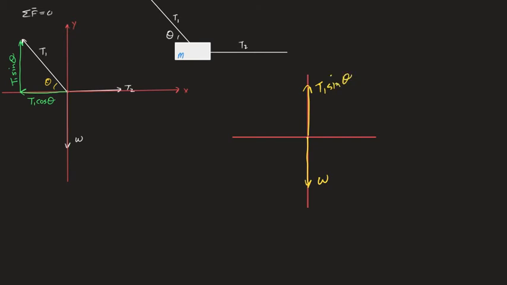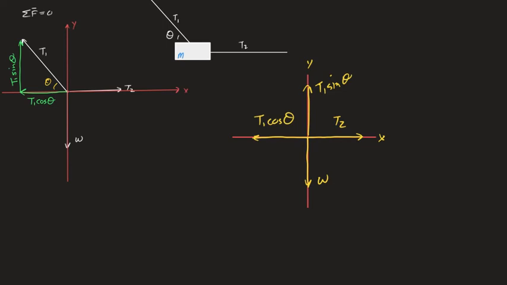And where I have T2 to the right, I have T1 cosine theta to the left. I took my vector, broke it up into components. These represent the components and the original vectors in the problem. It is now two one-dimensional problems, an x-dimensional problem and a y-dimensional problem.